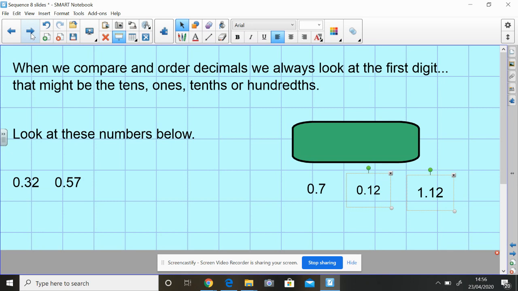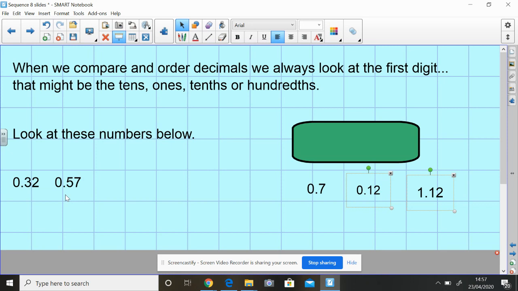So look at these numbers below, and the first digit is the ones column, and both of the digits in the ones are 0. When the numbers are the same, you move to the next column, and the next column is the tenths. So in this number, the tenths is a 3, and in this number, the tenths is a 5. Can you work out which number is smaller?